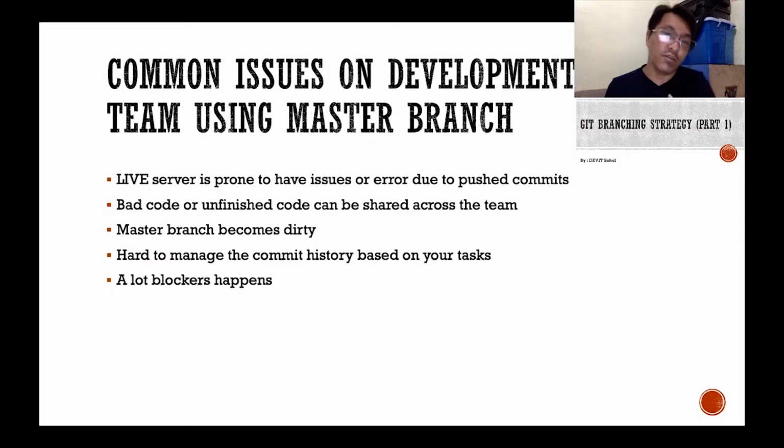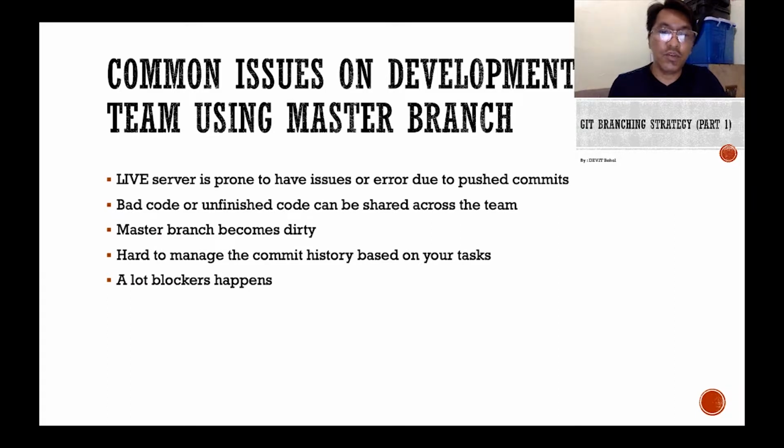If developer 1 is doing something, developer 2 is doing something, and developer 3 is also doing something, and they want to apply their changes and share them with the other developers, then if you're using only the master branch, you need to commit on that branch.